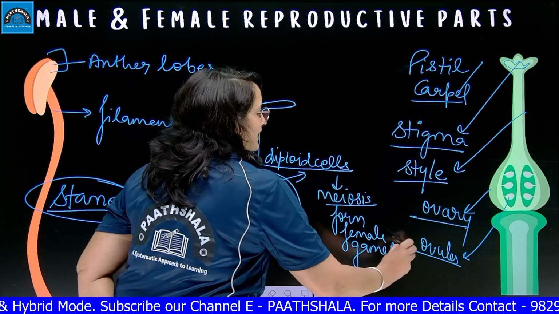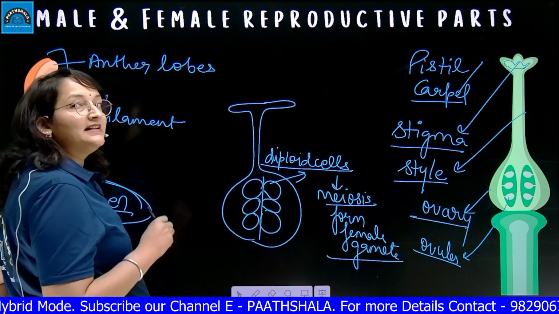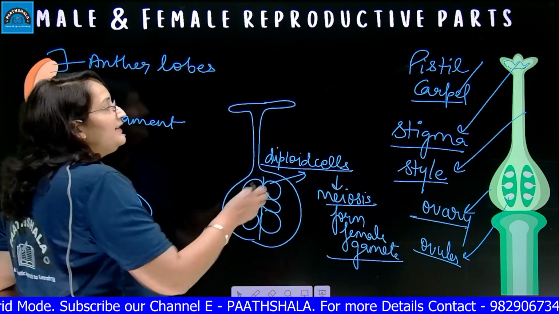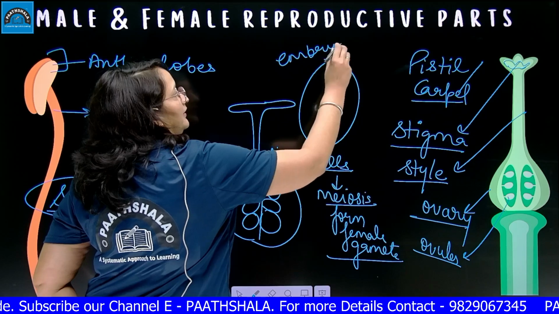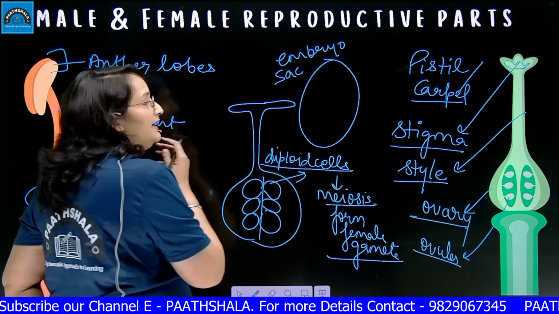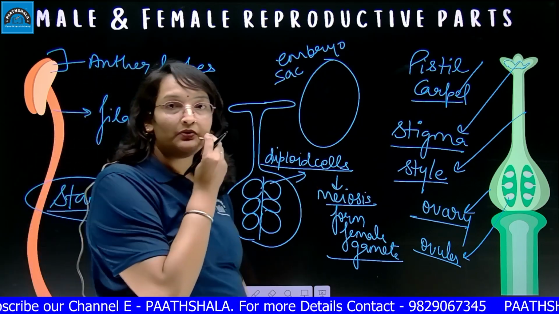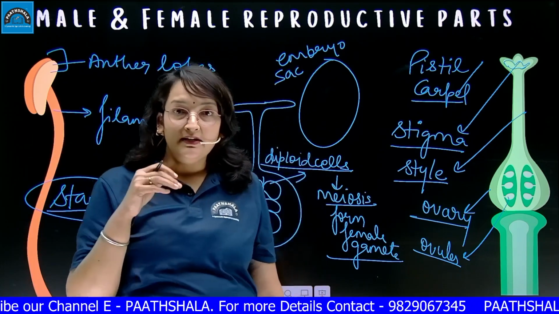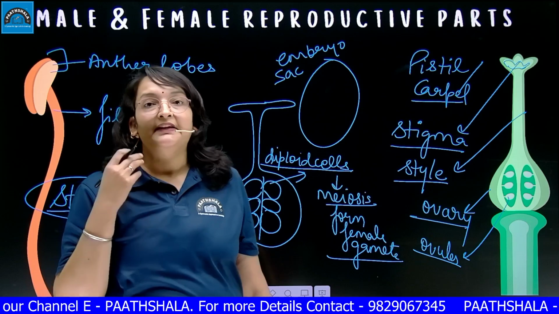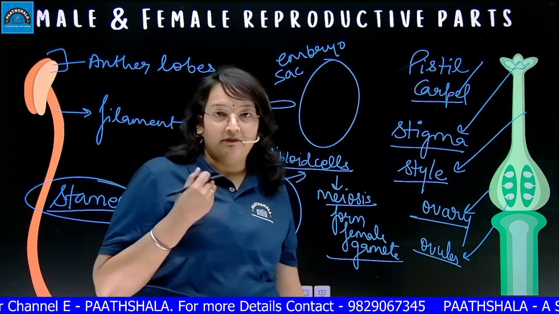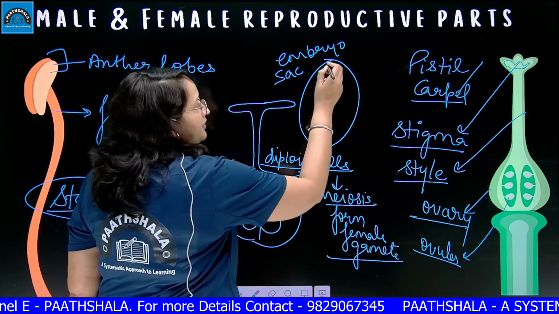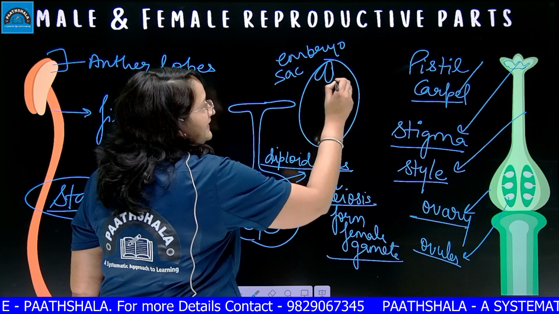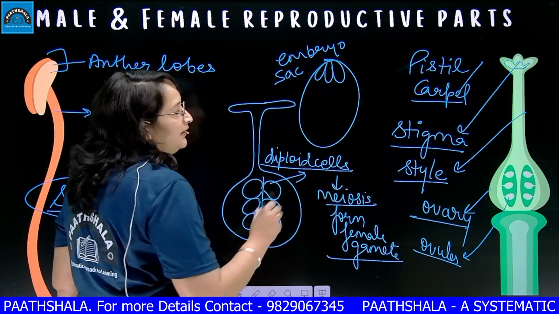When this female gamete is formed in each ovule, we will get a structure called the embryo sac. After meiosis, each ovule develops into an embryo sac, where the seeds will be formed, where the embryo will develop.